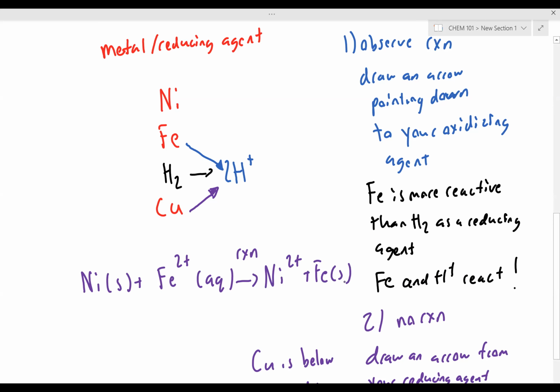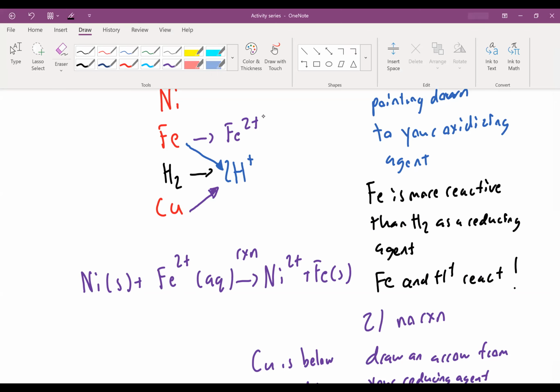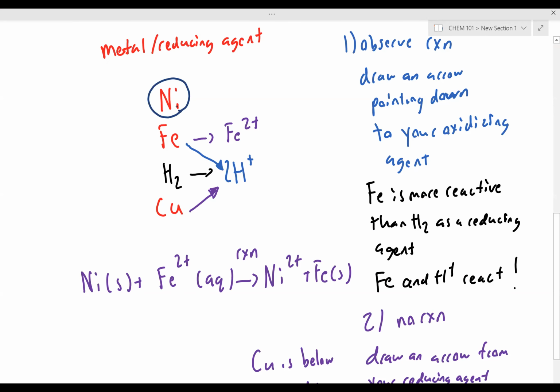By this logic, if I compare the relative positions of nickel and iron 2+, if I see a reaction, should my arrow be pointing up or down? Down. So then I'm going to circle nickel, and I'm going to draw an arrow pointing down from nickel to iron.